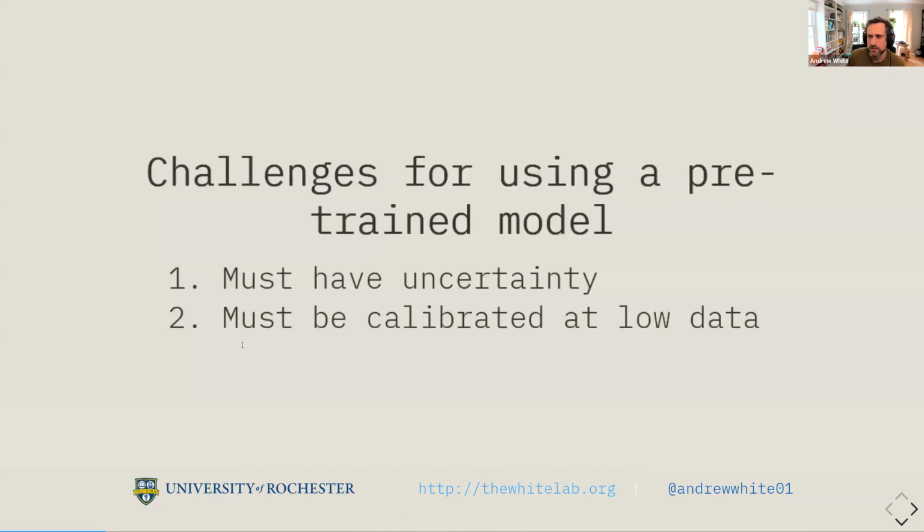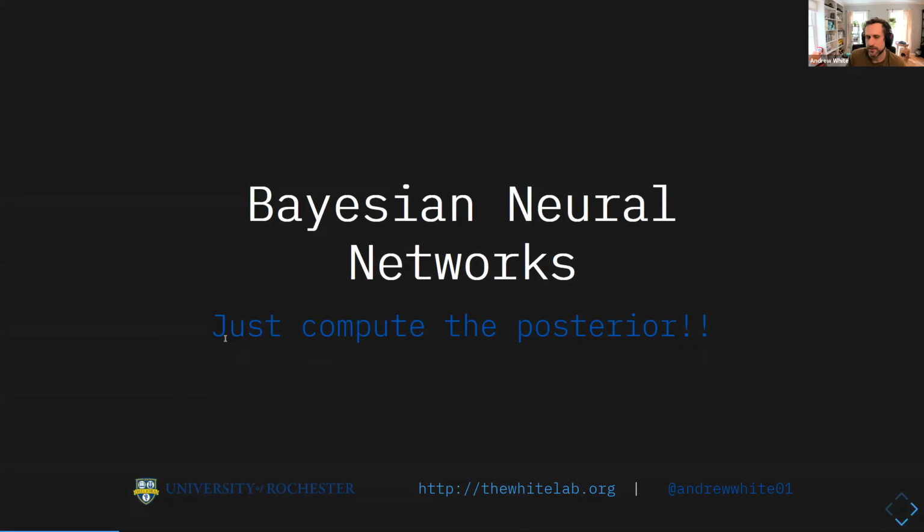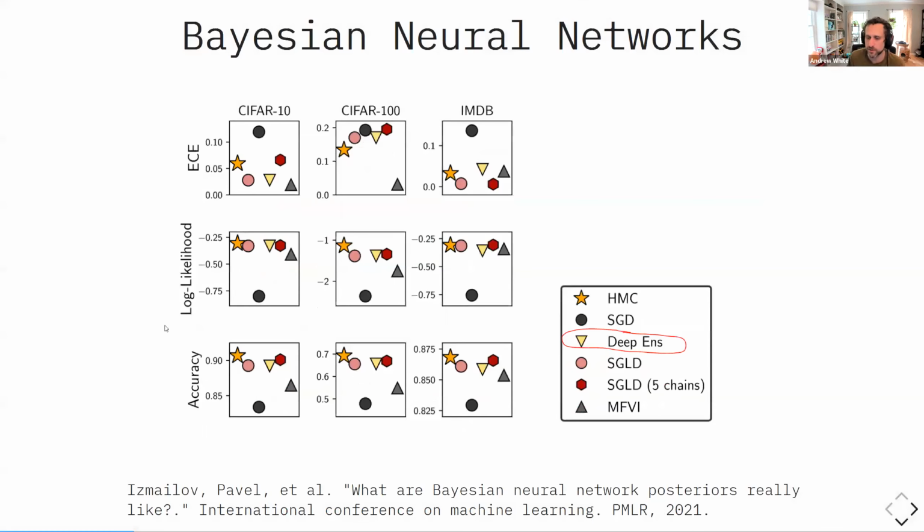So historically, the approach to doing this was something called Bayesian neural networks. If you have neural networks and you want to do Bayesian optimization with them, you need to use Bayesian neural networks. I'm going to skip over this part, but there's been some work that's shown you can actually approximate Bayesian neural networks by just using an ensemble of neural networks.